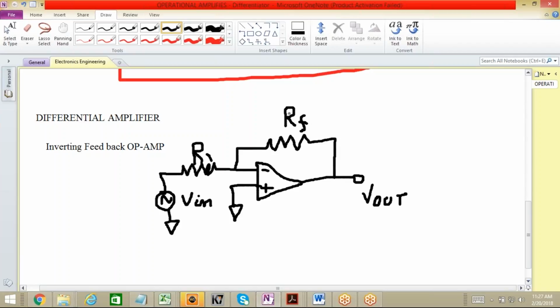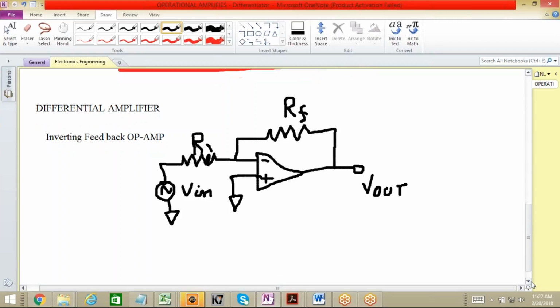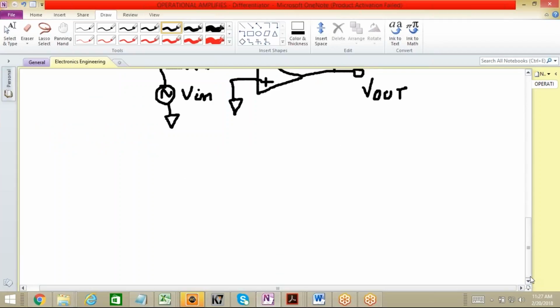So this is the main circuit of your inverting feedback operational amplifier, right? In a similar manner, we have non-inverting feedback op-amp. Let me draw the same circuit for this kind of environment.